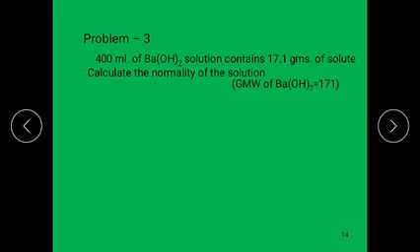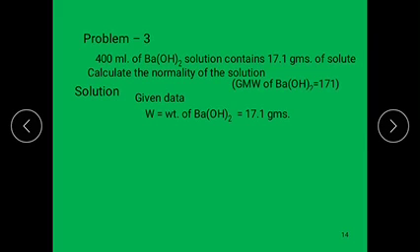Our next problem is: 400 ml of barium hydroxide solution contains 17.1 grams of solute. Then calculate the normality of the solution. The gram molecular weight of barium hydroxide is 171. The given data is the weight of the barium hydroxide is 17.1 grams.